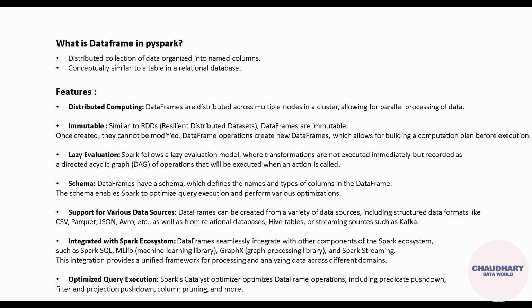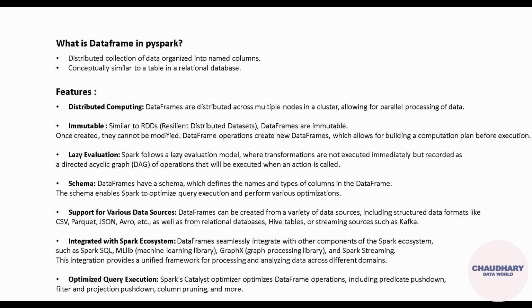And the third biggest difference between both of them is that RDD does not have built-in optimization. That means if you apply some transformation on RDD, there is no built-in optimization with which we can optimize the transformations applied over RDD.